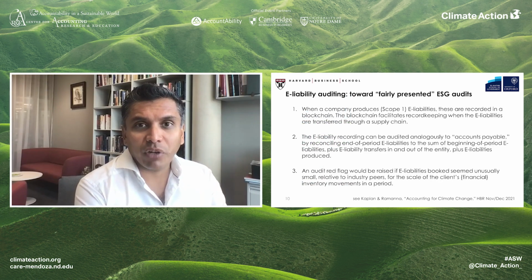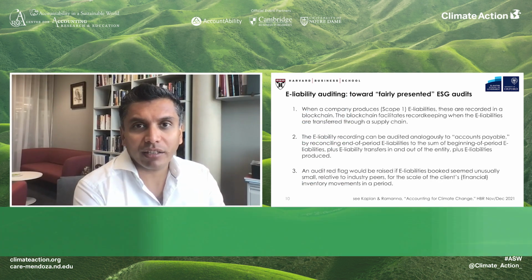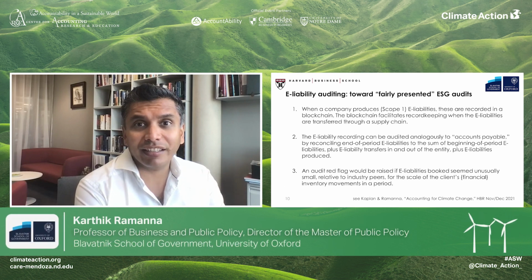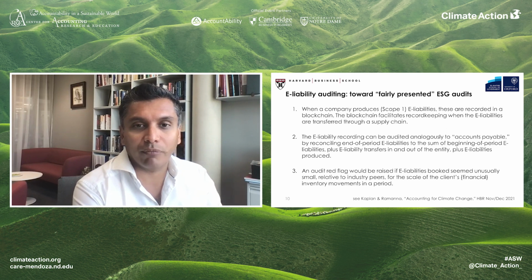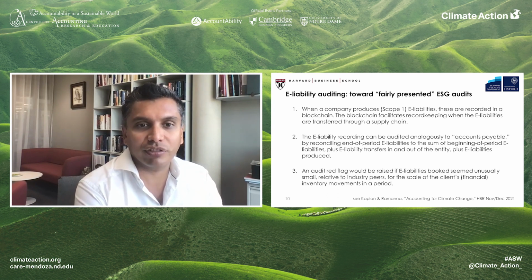So one of the reasons why we're so excited about this product, e-liability accounting, is that it can actually be audited. It means that e-liability statements that companies put out can be audited to what is called the fairly presented standard, or the true and fair standard of auditing that we're used to in the context of financial statements, in the context of audits that you see on, say, a company's IFRS financials or a company's FASB financials.